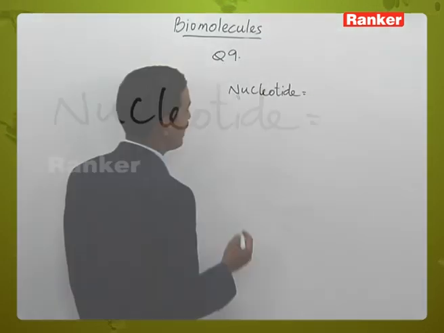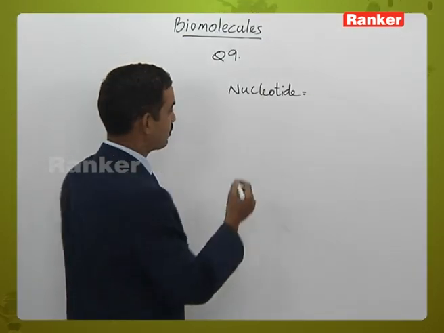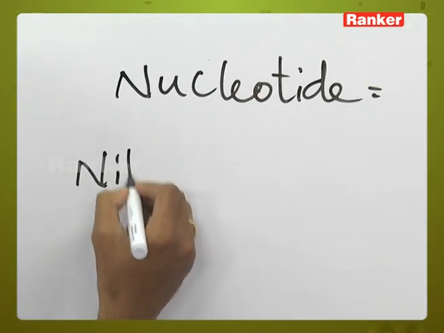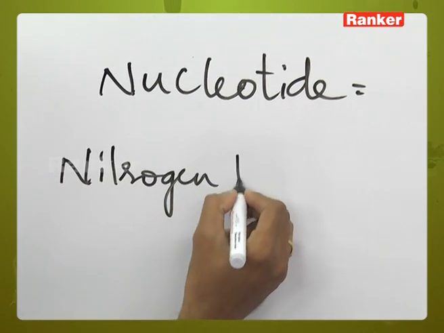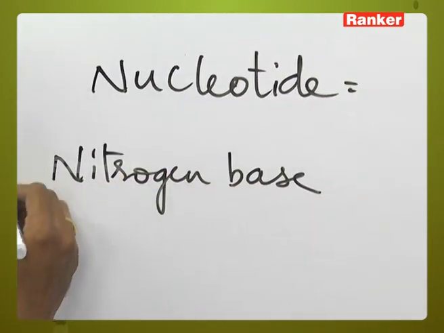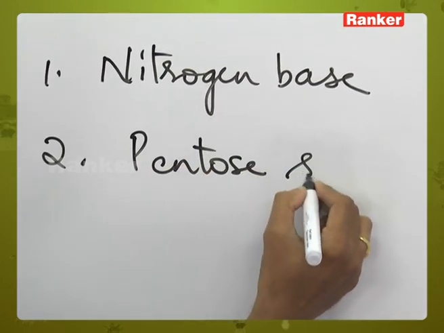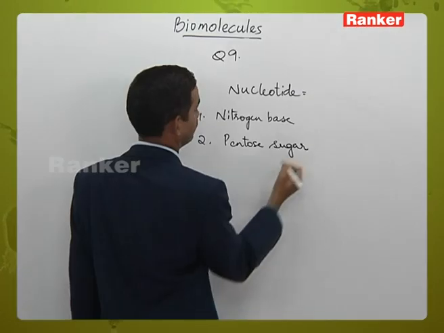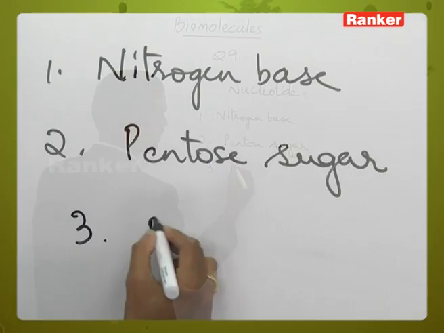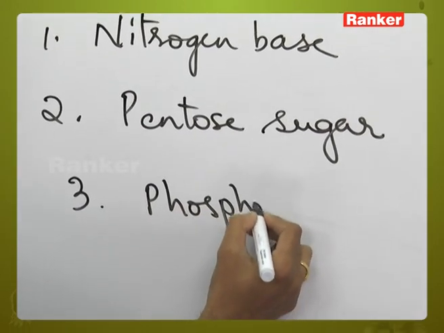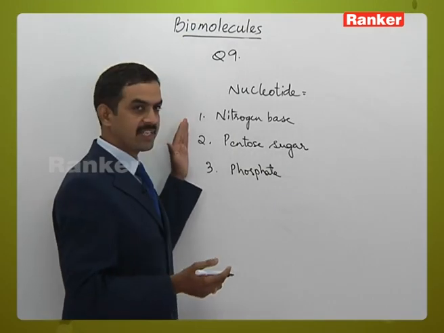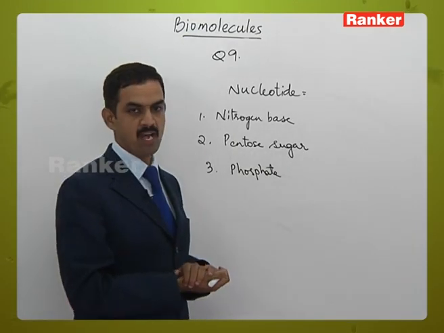Each nucleotide is made up of 3 structures. One is called the nitrogen base. The second one is called the pentose sugar. And the third one is called the phosphate group. These are the 3 things of which the nucleotide is made.